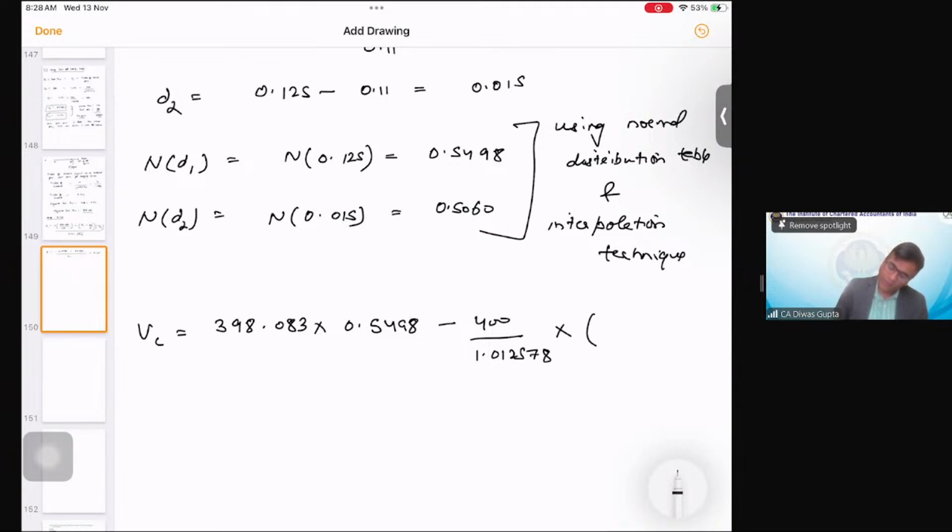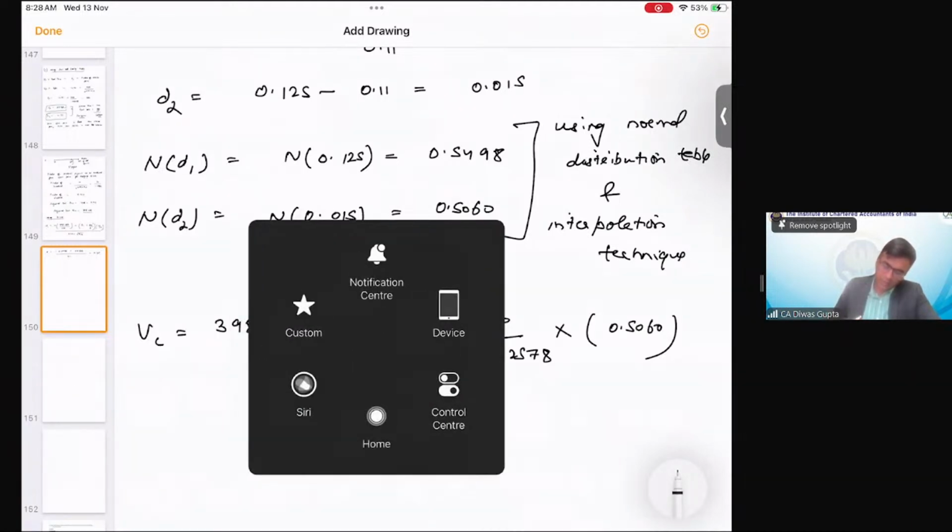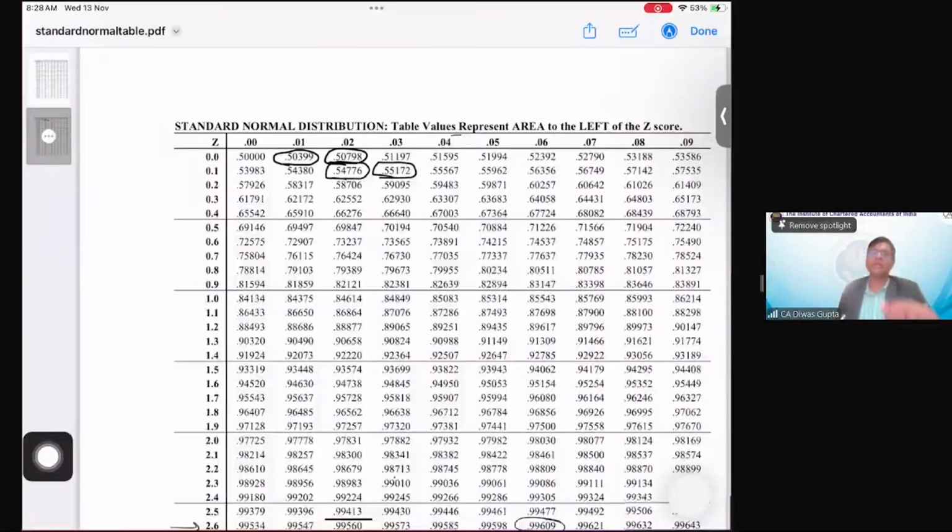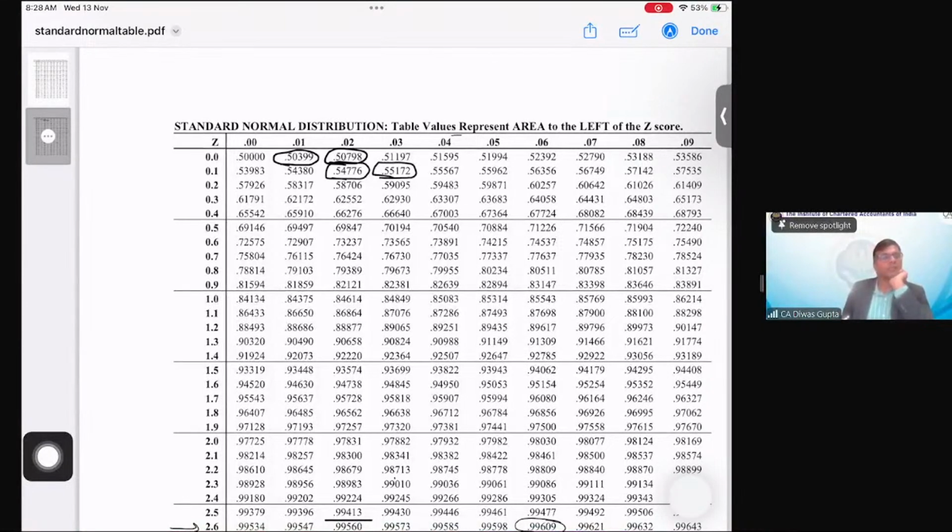And finally the value of N(D2). Okay, I will just share the standard normal distribution table again. So we said that for N(D1), we will be using this row, the two numbers that I've highlighted, which is 0.54776 and 0.55172.